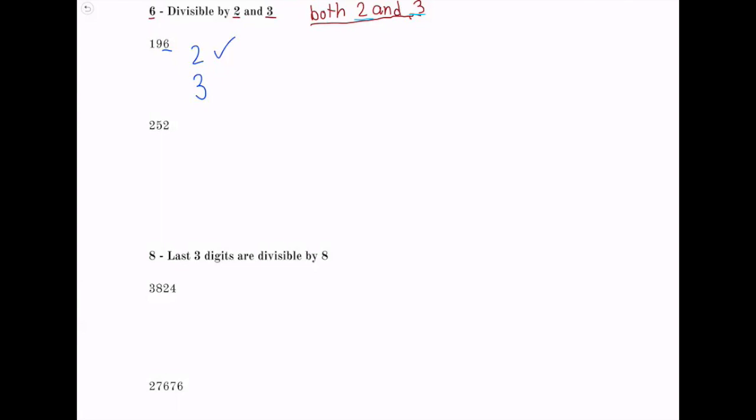Remember from the previous page? You add all the digits and see if the sum is divisible by 3. Yeah, exactly. So 1 plus 9 plus 6 is 16, and then you can add the digits again: 1 plus 6 is 7. And 7 is not divisible by 3. So if it's divisible by 2 but not 3, is it divisible by 6? Nope. Exactly. It's not true, because it has to be both 2 and 3, not just one of them.